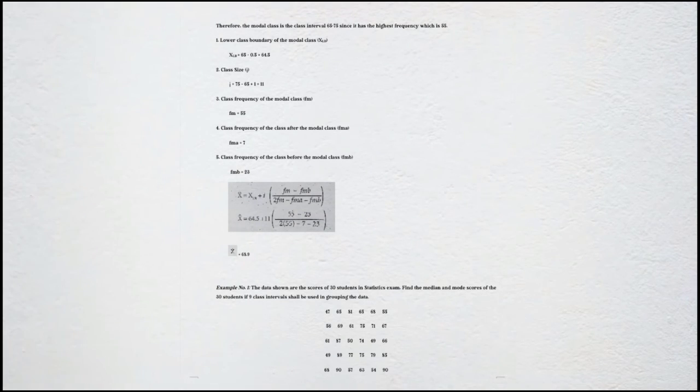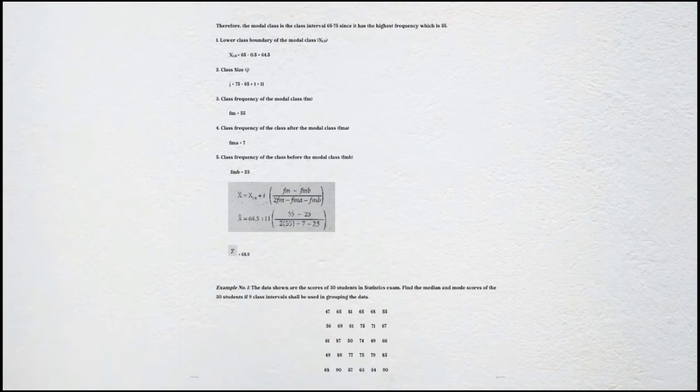And for the class frequency of the class before the modal class, we have 23. So applying the formula, we substitute: 64.5 plus 11 multiplied by the quantity of 55 minus 23 all over 2 times 55 minus 7 minus 23, which is equal to 68.9.